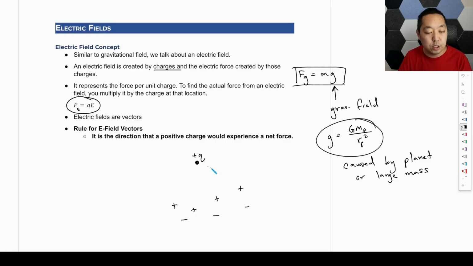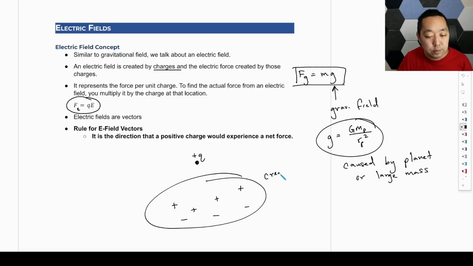Let's say there are a bunch of charges. This would experience a net force due to all of these other charges. That force per charge would be the electric field caused by these. These things would create an electric field that might act on this object. Similarly, the Earth creates a gravitational field that, if you put a mass there, experiences a force.